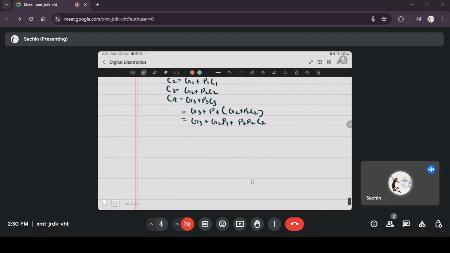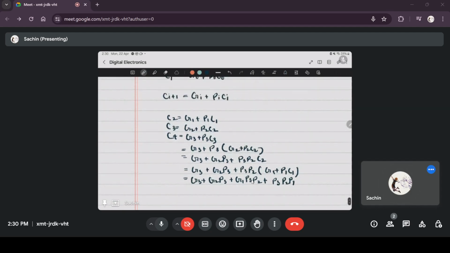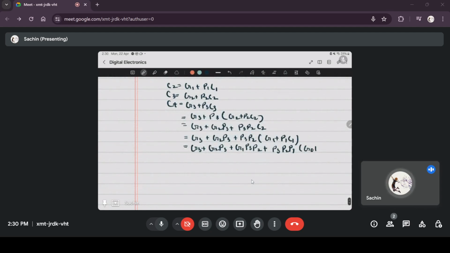Now substitute for C2. C2 is G1 plus P1 C1. So you get G3 plus G2 P3 plus G1 P3 P2 plus P3 P2 P1 C1, which is nothing but G0 plus P0 C0.